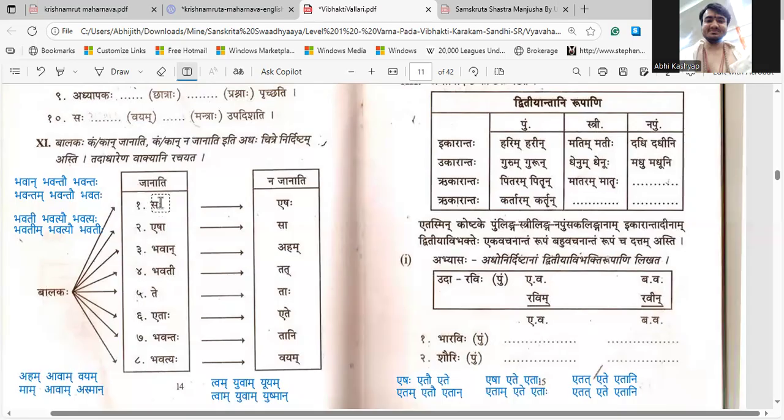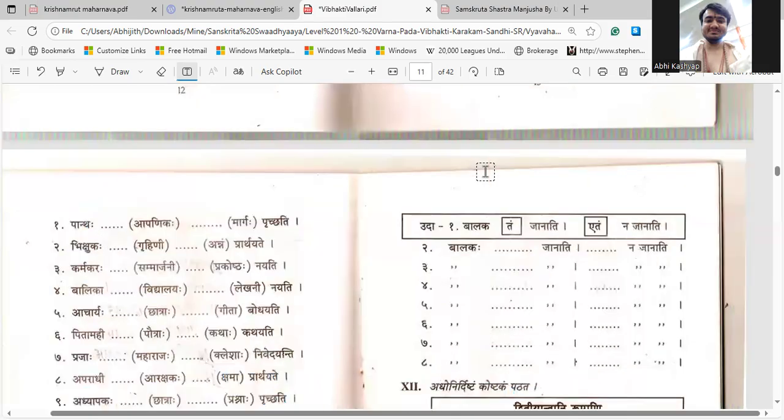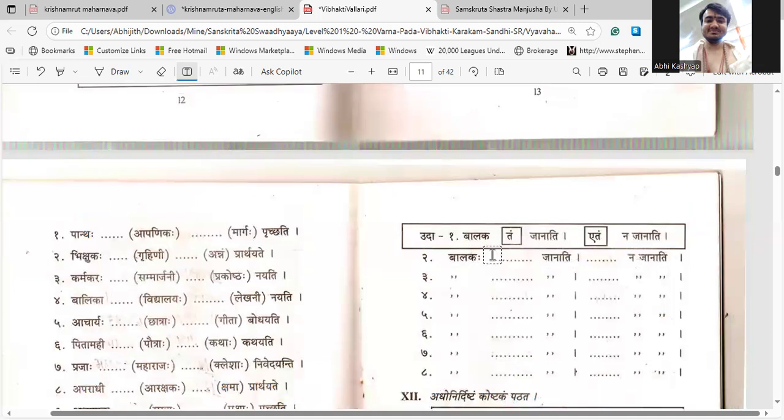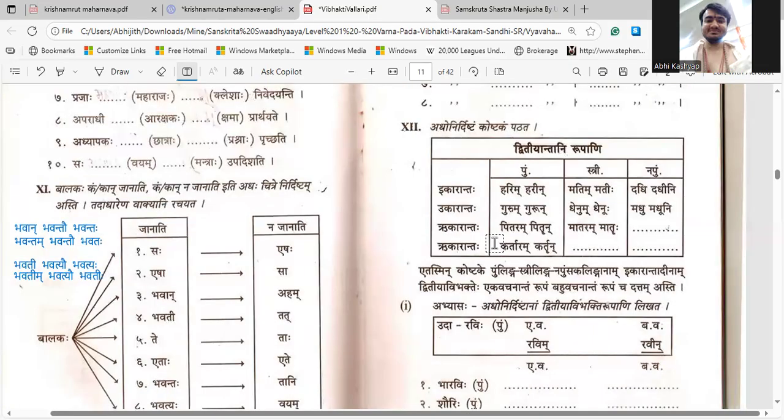The karma is going to be these converted words. We will see an example. Look at this: Balakaha tam janati, etam na janati. The boy knows this, he does not know this. That is how the sentence is framed.